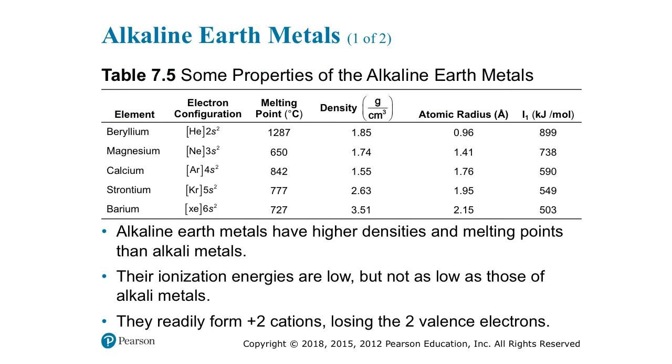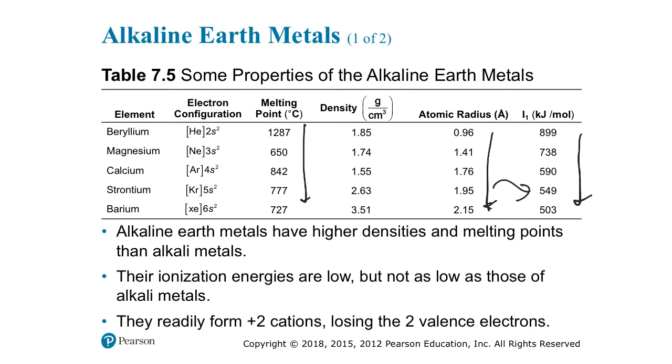So this chart here is now comparing the melting point trends of the alkaline earth metals. They decrease as we go from top to bottom in terms of their melting points, just like the alkali metal group did. The ionization energies are dropping just as we expect. The size of these atoms is increasing. That's why the ionization energies are dropping. So the alkaline earth metals have higher densities and melting points than the alkali metals.